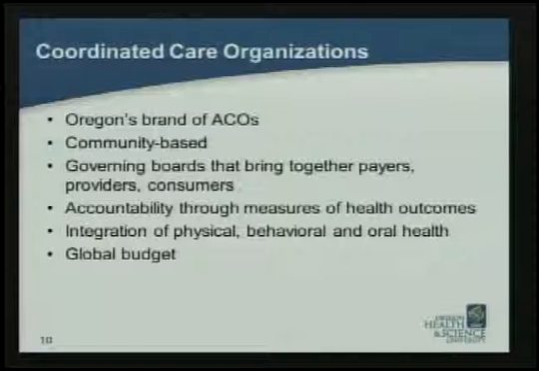They are accountable to the state of Oregon, as well as the Centers for Medicare and Medicaid, to perform on a number of measures of health outcomes that have been identified as important to make sure they are maintaining a quality of care, whether it be the same quality of care as before or improvement in those areas.